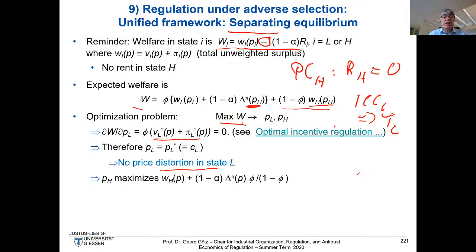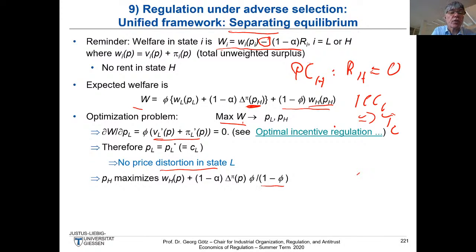Why does that happen? Because by changing, or distorting, PH, you can change the rent of the firm, of the low type. And now here, what we did is we just maximized or divided this by 1 minus phi.